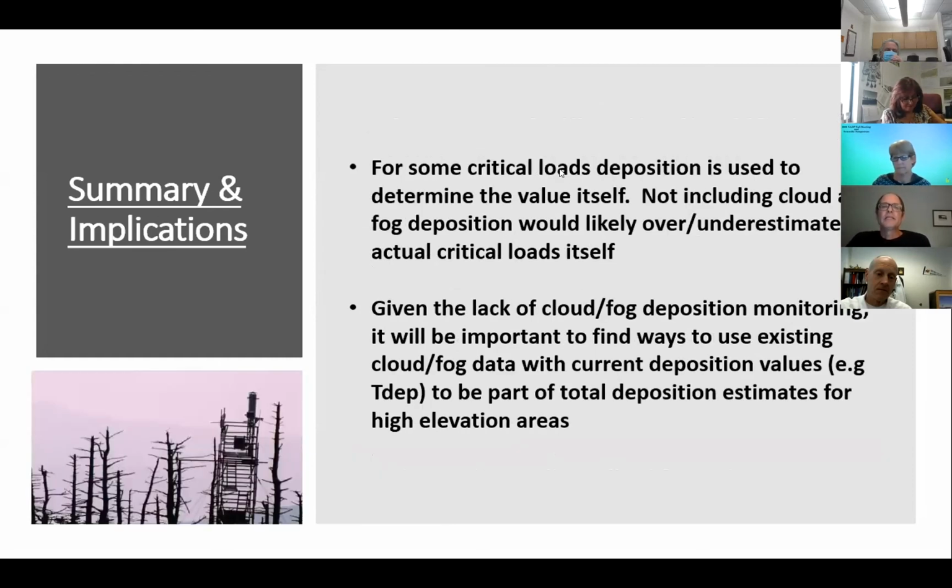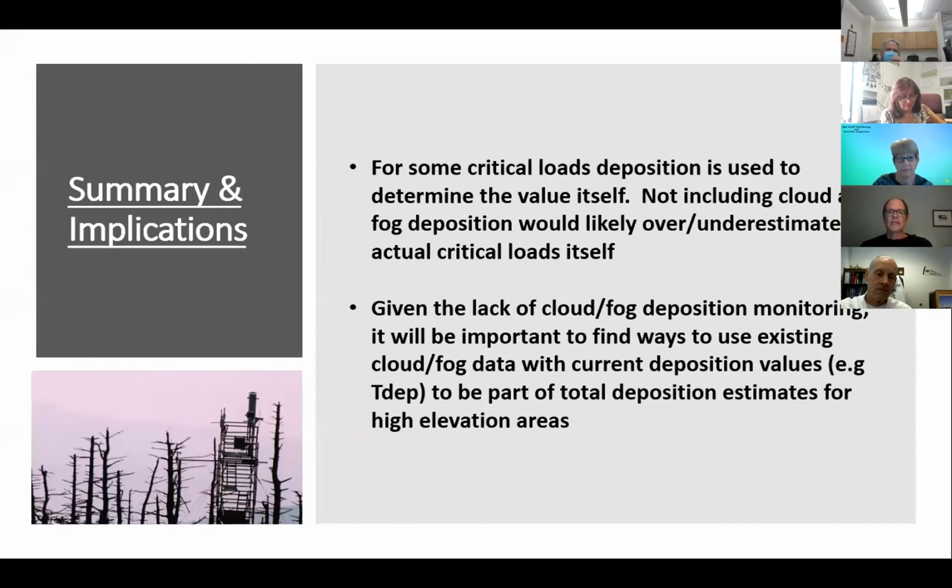And then lastly, for some critical loads, deposition is used to determine the critical load itself. And so for certain areas where fog and cloud deposition is important, it's something that we should consider using as part of our critical load evaluation.